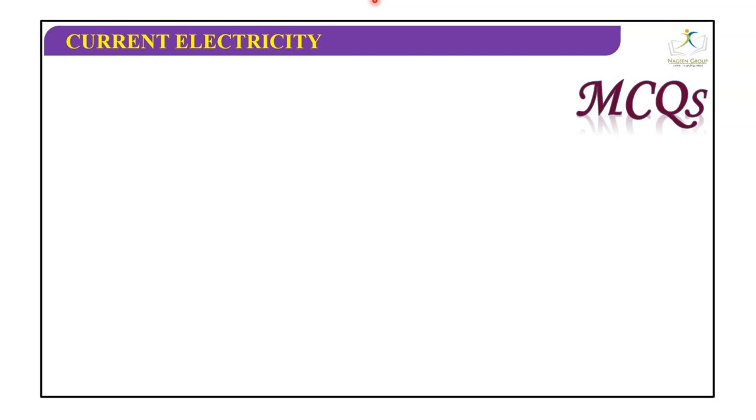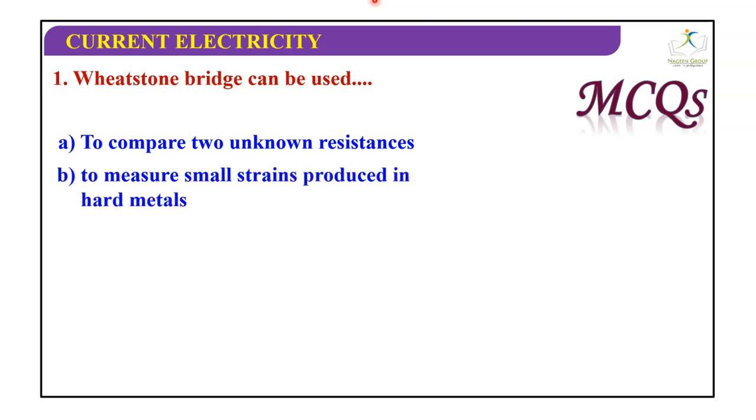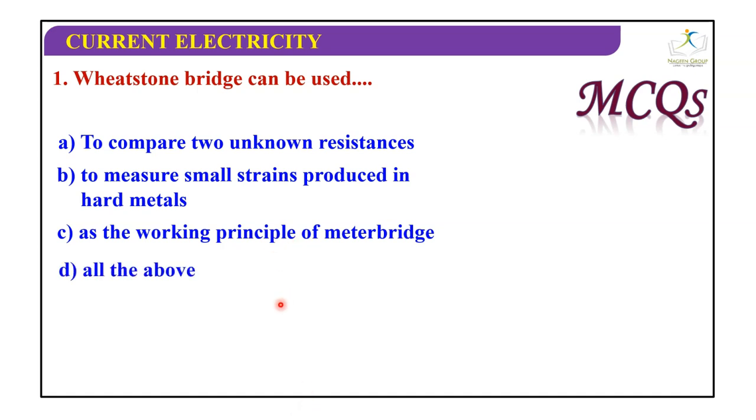Let's start with some questions so that we can check the things which we understood earlier. Wheatstone bridge can be used to compare unknown resistances, to measure small strain produced in hard metals, and as the working principle of a meter bridge, or all of the above.